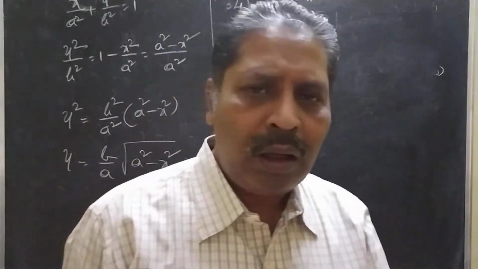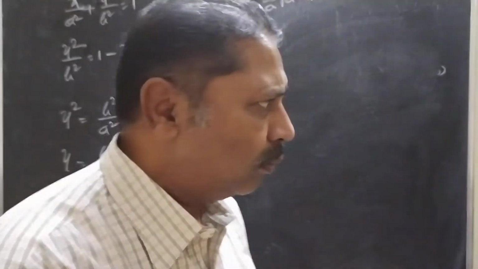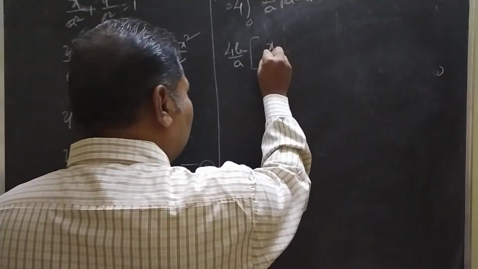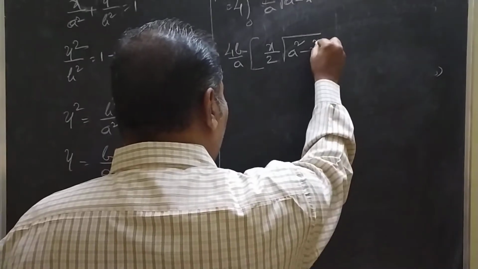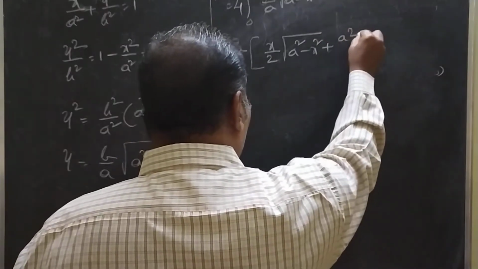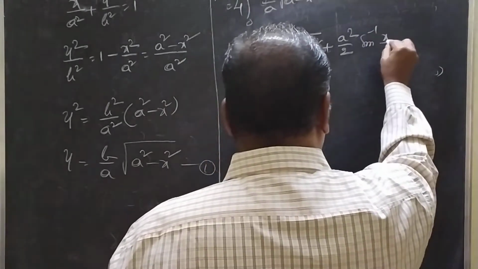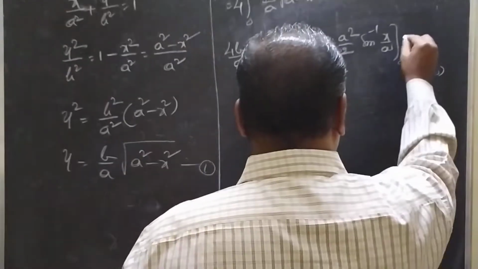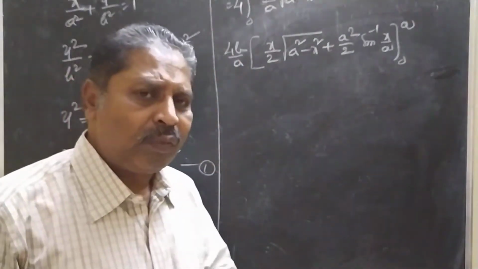We know directly this formula: integral of under root a square minus x square is x by 2 under root a square minus x square plus a square by 2 sin inverse x by a, from 0 to a.